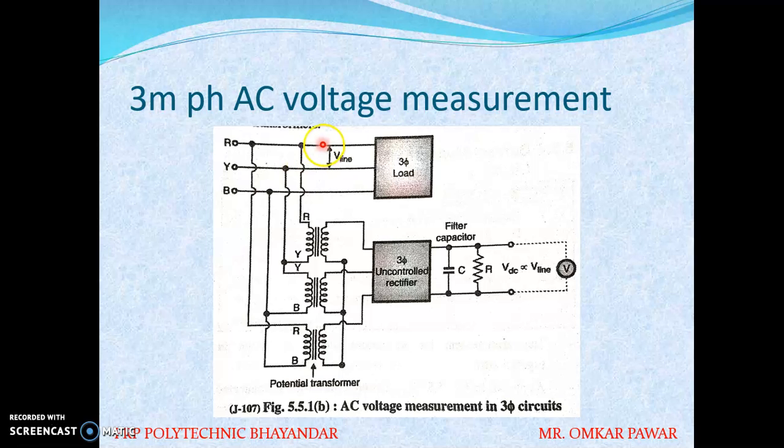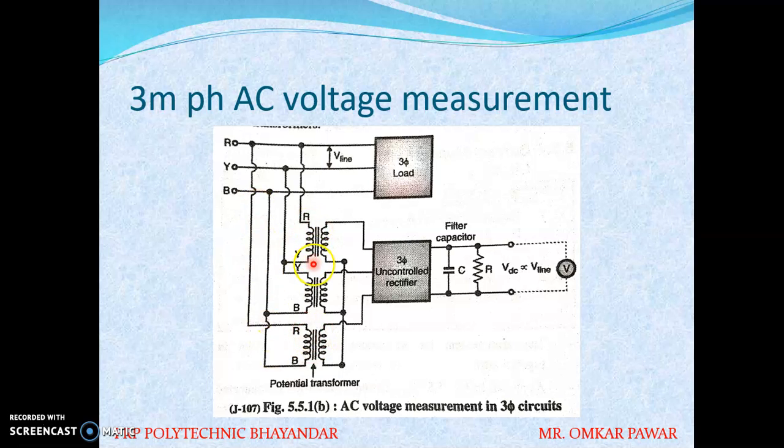So here three potential transformers are used, that is, three circuits of a three phase transformer are used, where the primary is connected to the individual phases, R phase, Y phase and B phase.